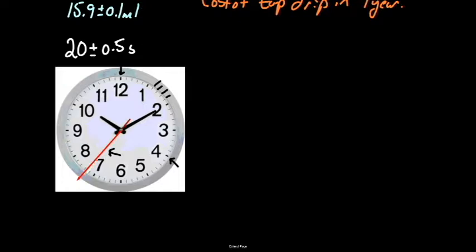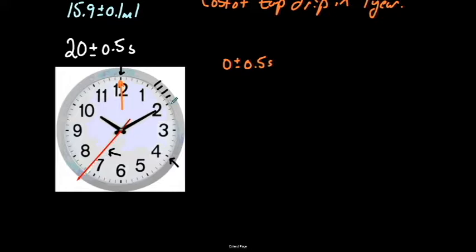Now, great question from the audience here, and that question is this. So what we're dealing with here is basically a time interval. And that time interval has a start time and an end time, right? So we started measuring right here, which is 0 plus or minus 0.5 seconds.